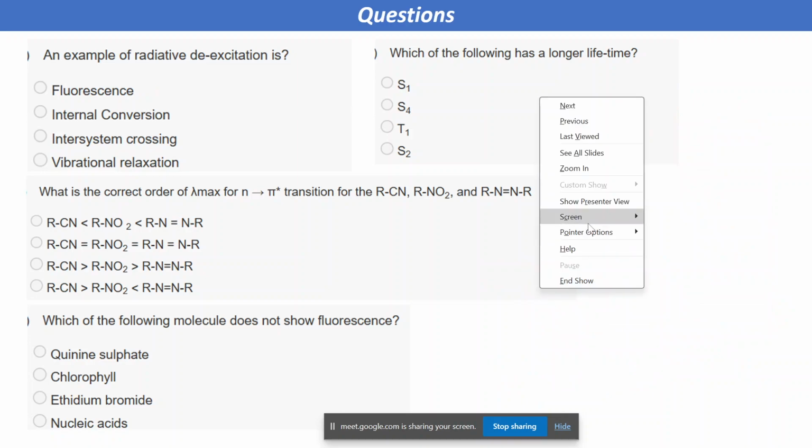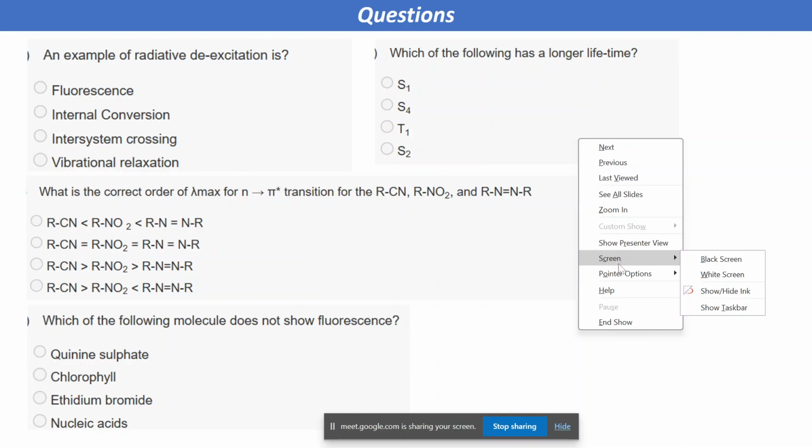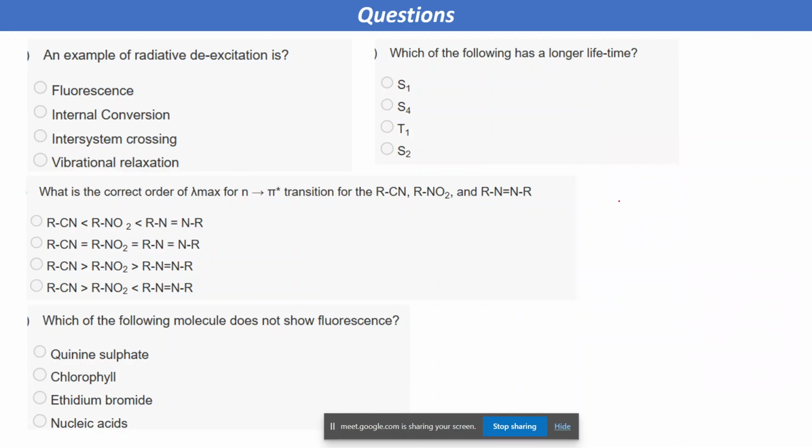Just remember that there are 2 types of transitions, radiative and non-radiative, where fluorescence and phosphorescence are the radiative transitions, while intersystem crossing and internal conversion are the non-radiative transitions. Like vibrational relaxation, these are all non-radiative transitions.